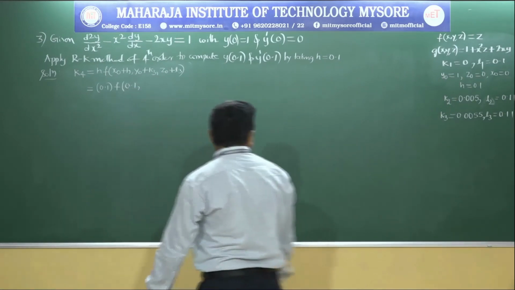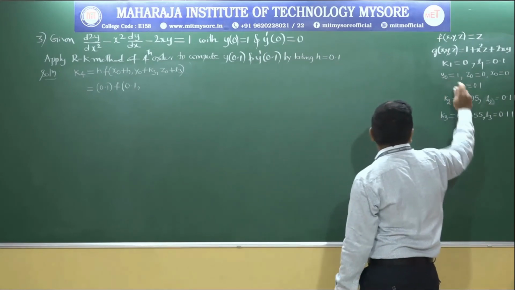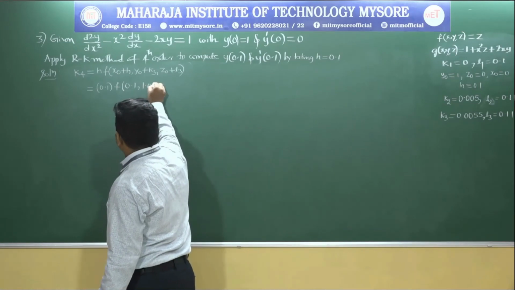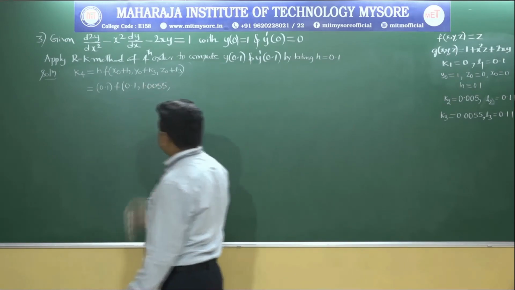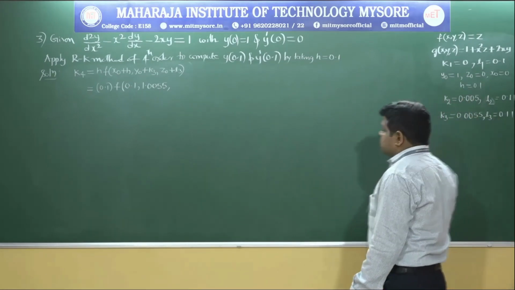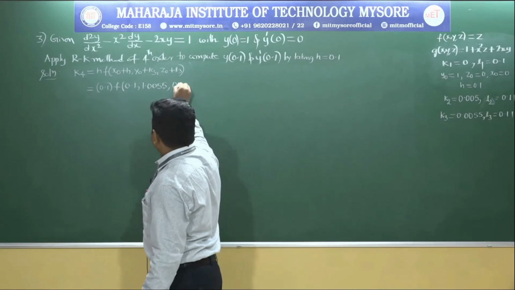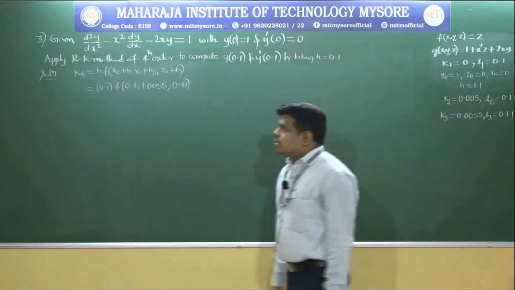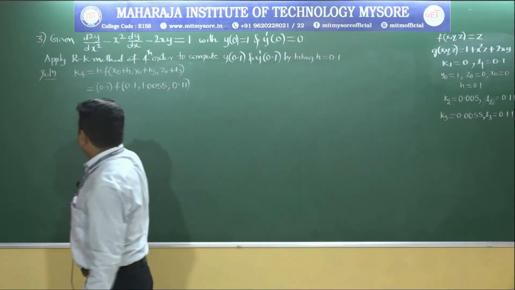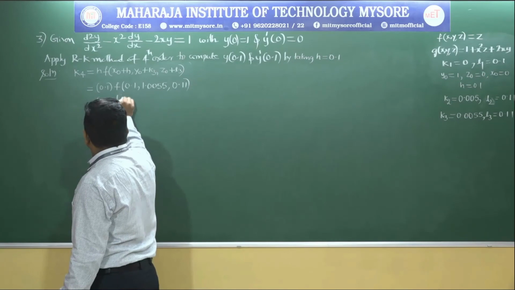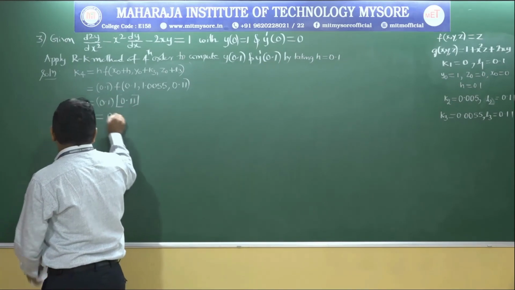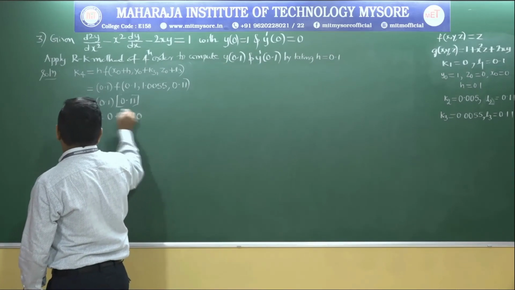Next, comma, y naught plus k3, y naught value is 1, k3 value is 0.0055. So we get 1.0055. Z naught plus L3, z naught value is 0, L3 value is 0.11. So we get 0.11. Next, we know that f of x comma y comma z is z. Therefore, here in this case the value of z is 0.11. Therefore, we get K4 as 0.0110.